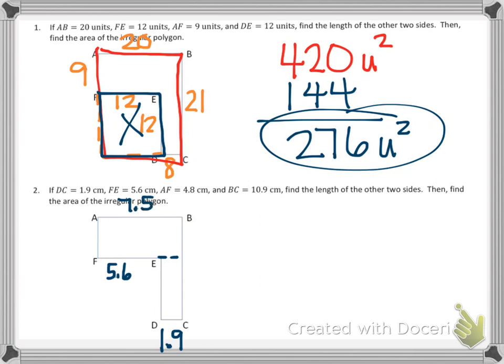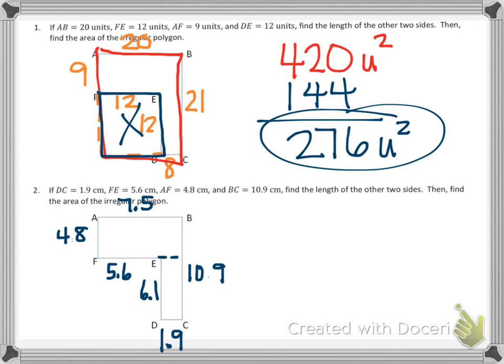And then I have A to F is a 4.8. And I have B to C is a 10.9. So 10.9 minus the 4.8 gives me a 6.1, which would be right there. And then we're going to find the area of the two rectangles.